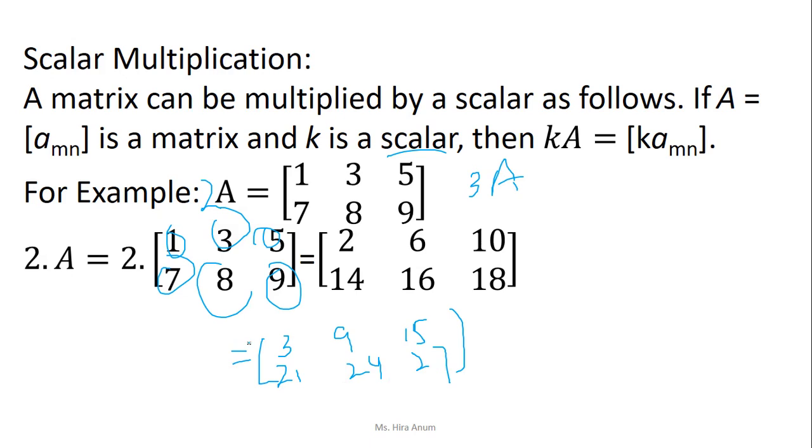So you can find 3A. In scalar multiplication, you multiply a number with matrices. Now you can easily see this. Or you can take 3 common from A, and similarly take common from this.